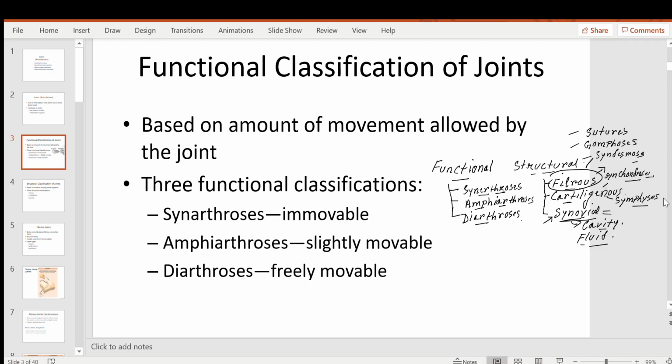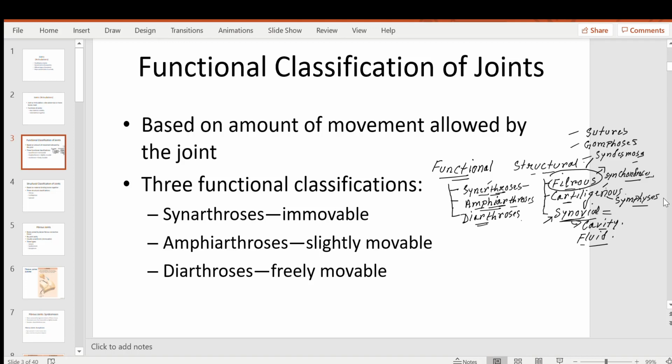I'm quickly going over. We classify in 2 ways. One is functional classification based on the amount of movement: synarthrosis, no movement; amphiarthrosis, slight movement or small movement; and diarthrosis, a lot of movement. Okay, and a good example of synarthrosis: sutures, where the cranial bones are attached together, and you know that cranial bones don't move.